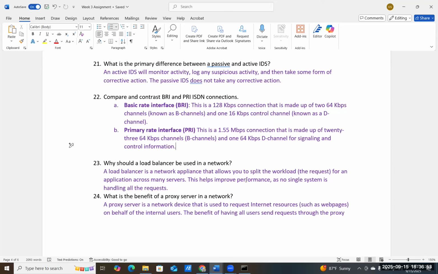So a proxy can be used many ways, but in a school district, a proxy can be used to prevent students from accessing specific websites if they don't want them to. But a proxy can also work with a load balancer to be able to diversify the traffic.